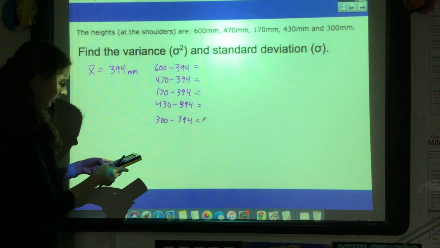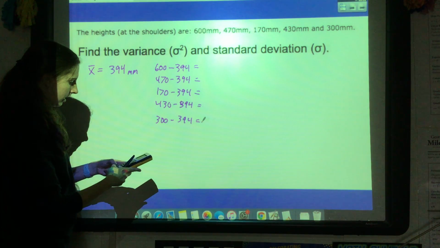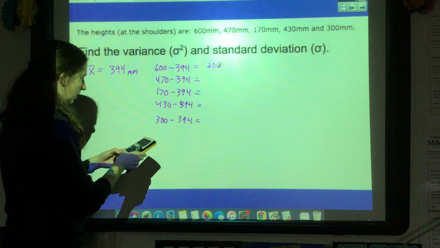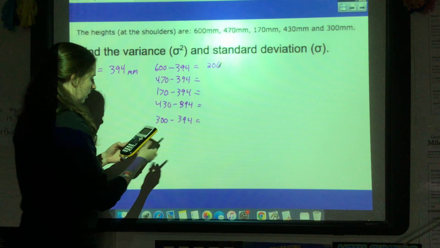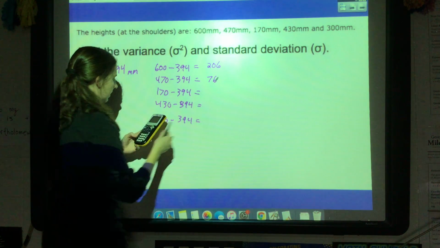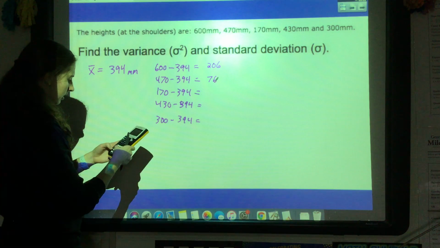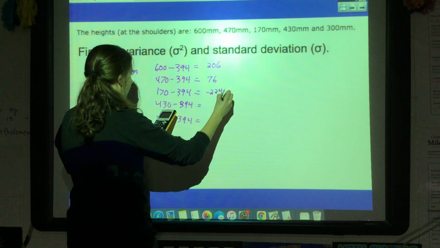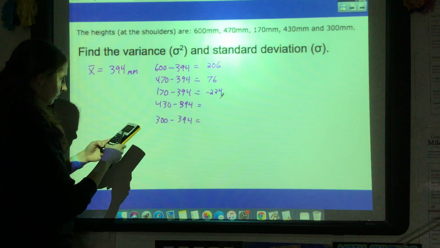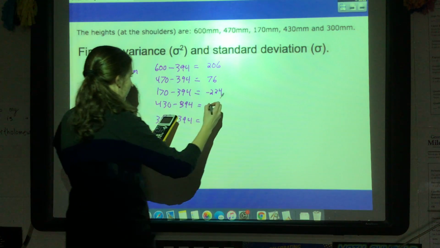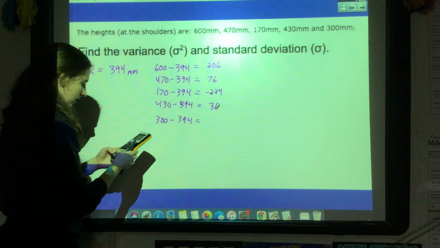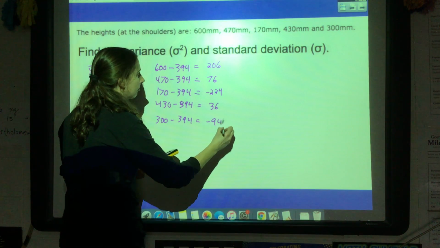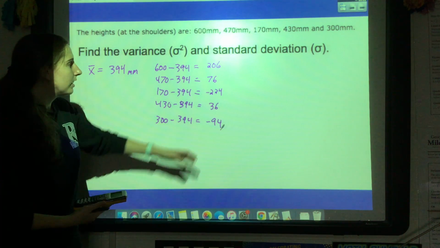Okay, I'm just gonna do all this here. So this is 206. This one is 76. This one is negative 224. This one is 36. And this one's negative 94. And so these are the deviations.